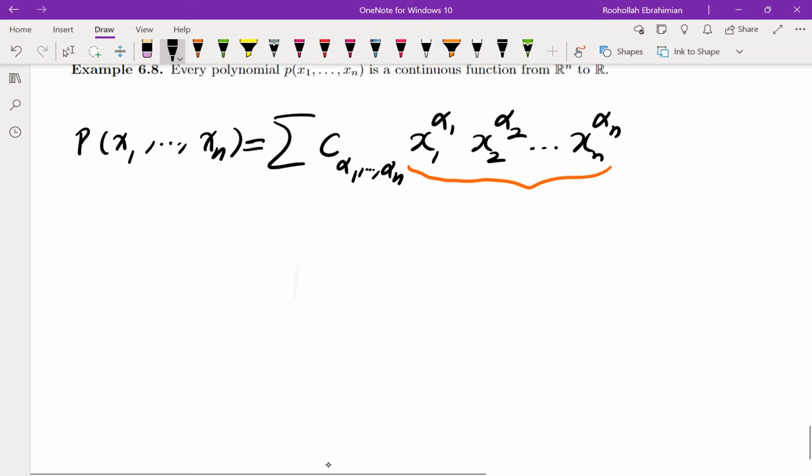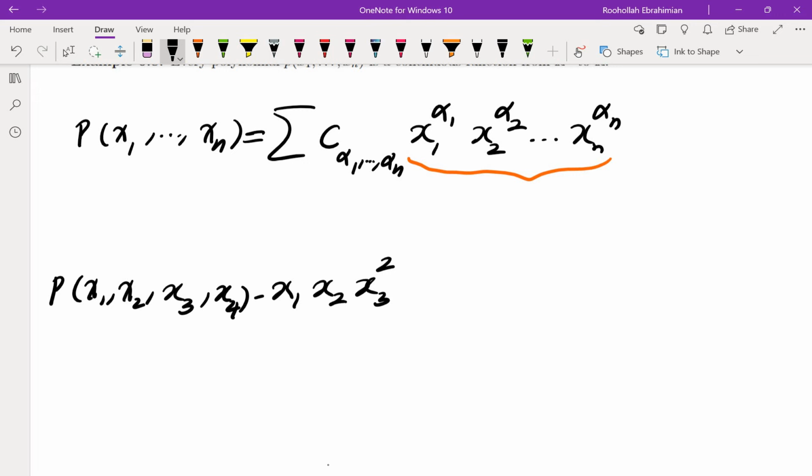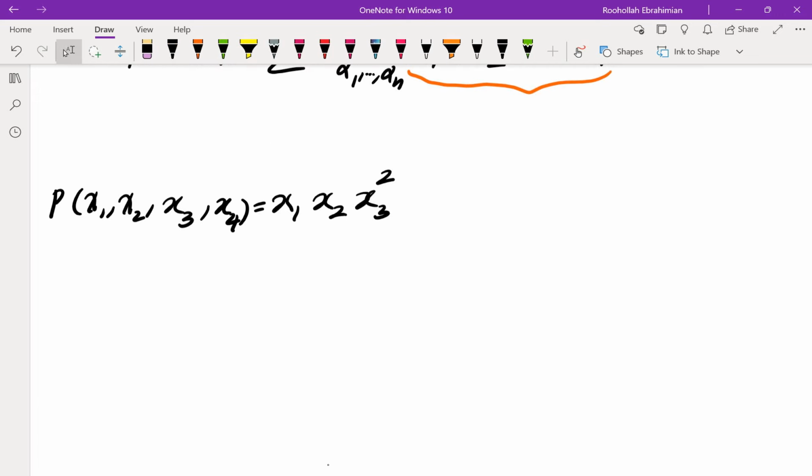So for example, if you have x1, x2, x3 squared, and this is your polynomial of x1, x2, x3 and x4, then the way you can deal with that is to say, well, this is a product of two terms, x1, x2, and x3 squared. So one of them would be x1, x2, which is itself a product.